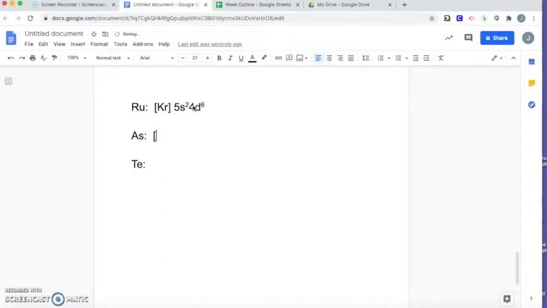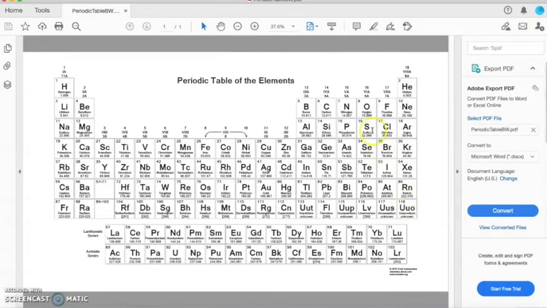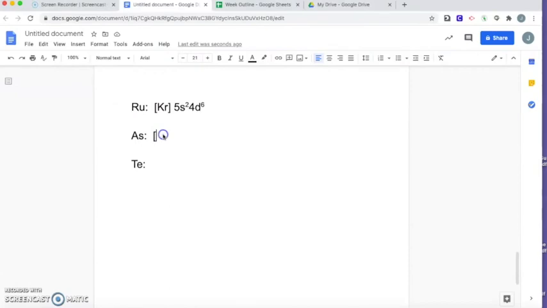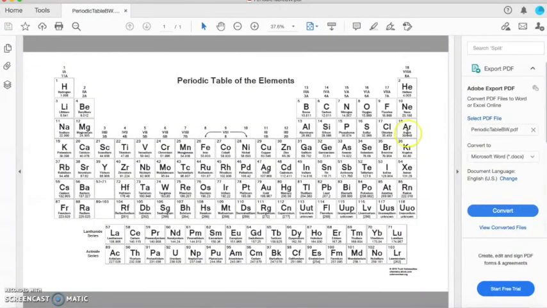So let's go to arsenic, and let's find that in the periodic table. Arsenic is As, and it's right here. I go backwards from arsenic, and it takes me to argon. So argon is what I put here. So I go Ar, and then I go from Ar up. So I go to Ar to potassium. Potassium is at 1, 2, 3, 4, 4s2.